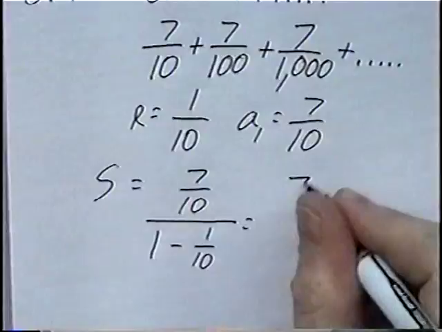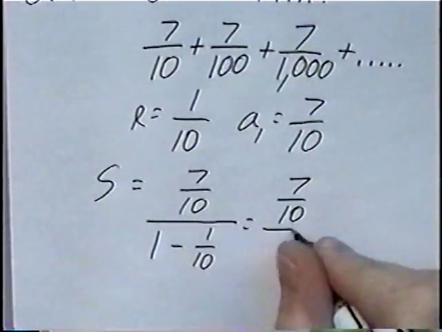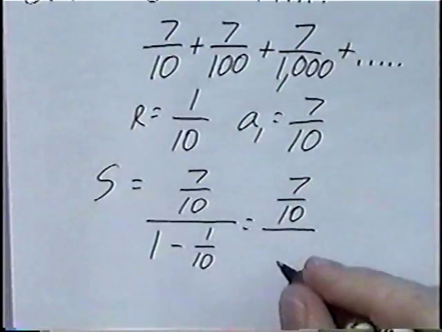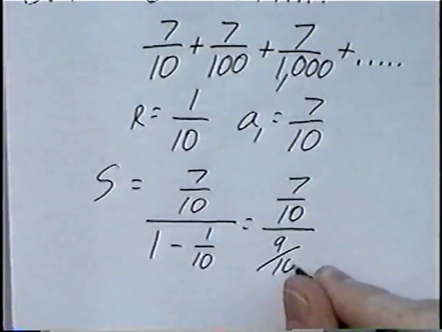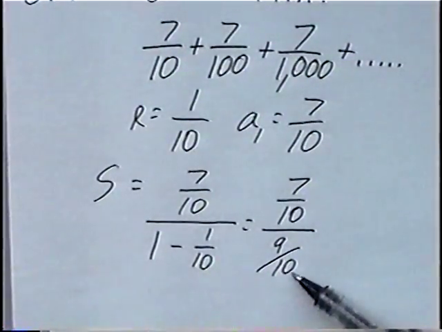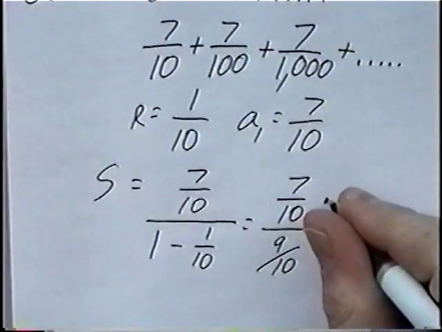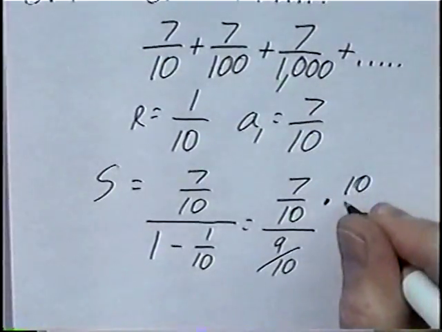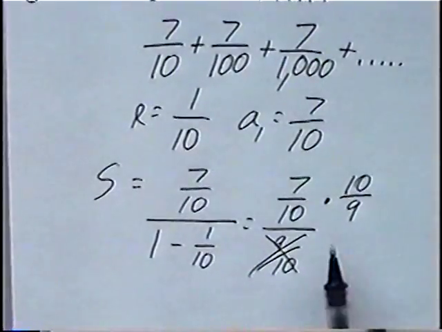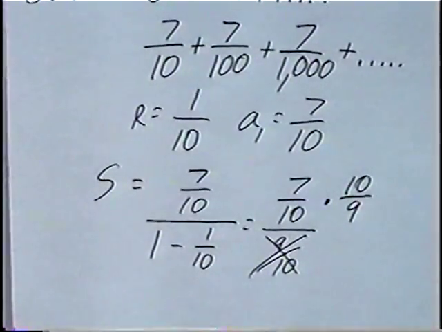Solving from here, 7/10 would stay the same. 1 minus 1/10 would be 9/10. And we have 7/10 divided by 9/10. Instead of dividing by 9 over 10, we can multiply by the reciprocal, which would be 10 over 9. 7 over 10 times 10 over 9.